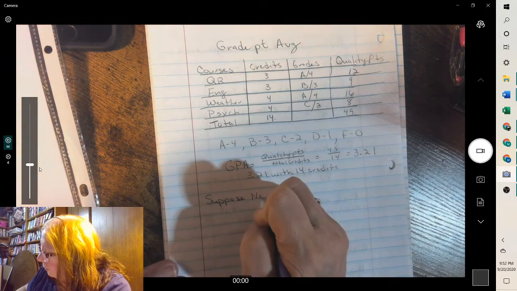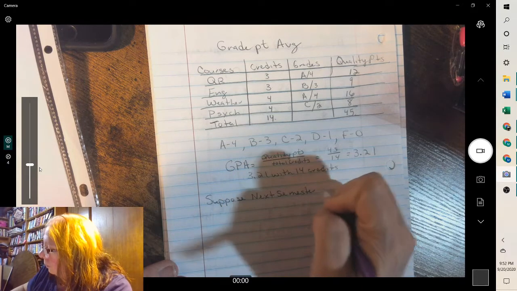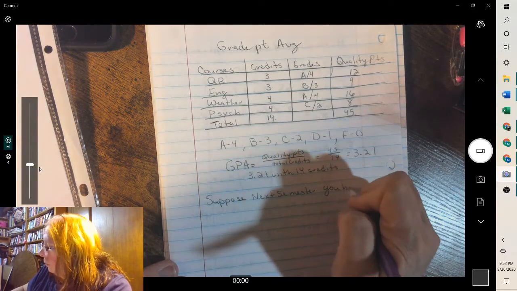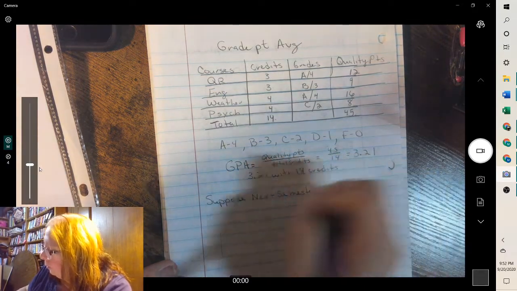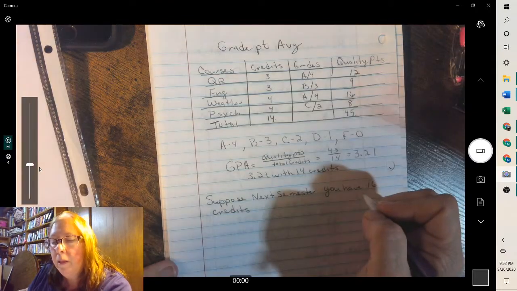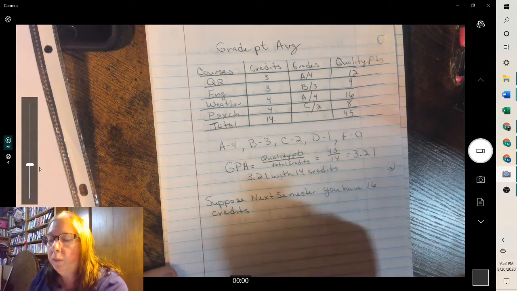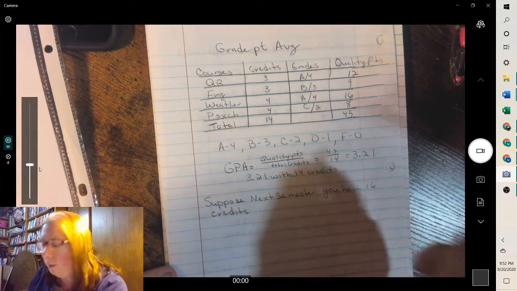Suppose next semester you have 16 credits. What GPA do you need for a 3.4 combined GPA?